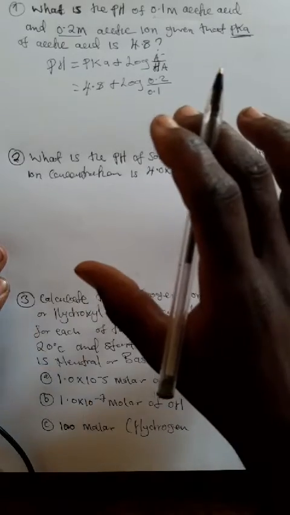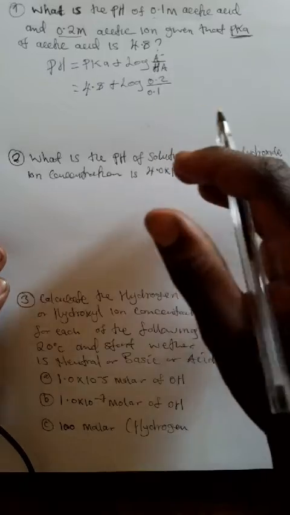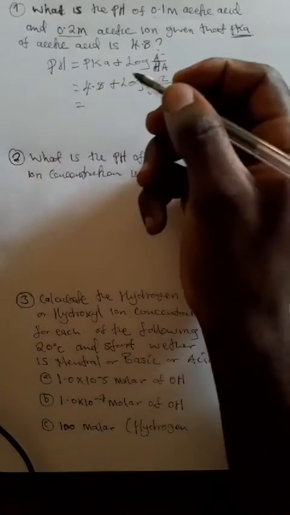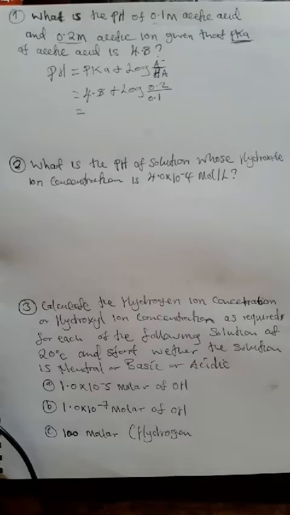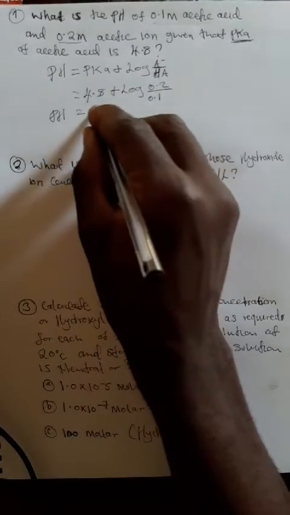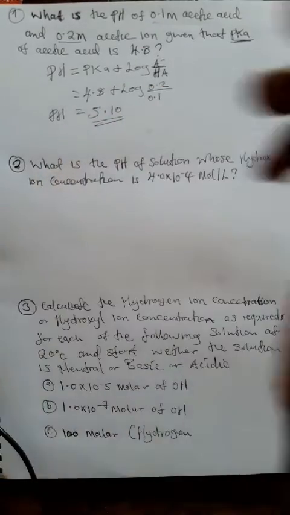You need to know how to identify the acid and also how to identify the conjugate base. So now let's find these. The value of the pH is giving us 5.1. So this is the value for the pH.